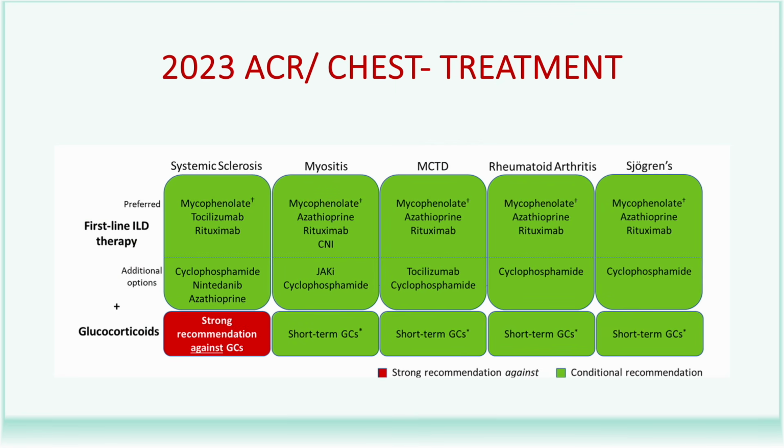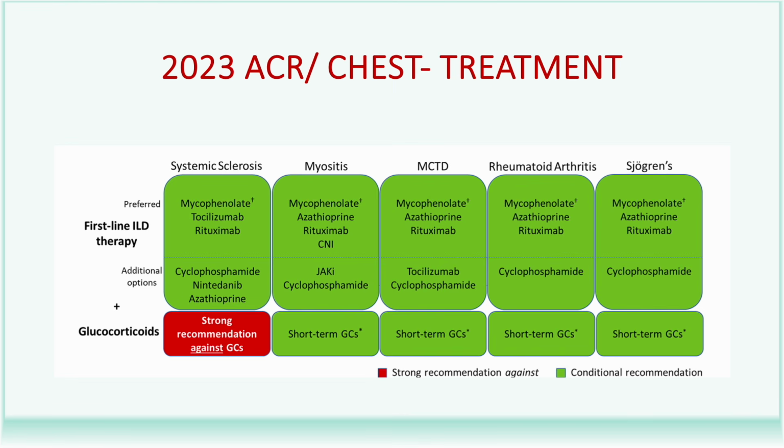This is the 2023 ACR chest treatment algorithm, which was a beautiful algorithm, and it was one of a kind because it historically really clarified the use of immunosuppressants. This was the one which laid down the way you can choose first line ILD therapy and additional options.